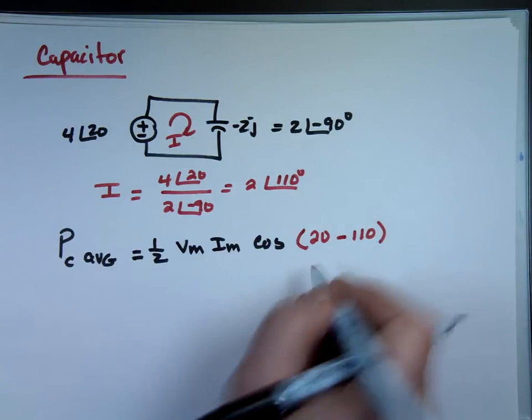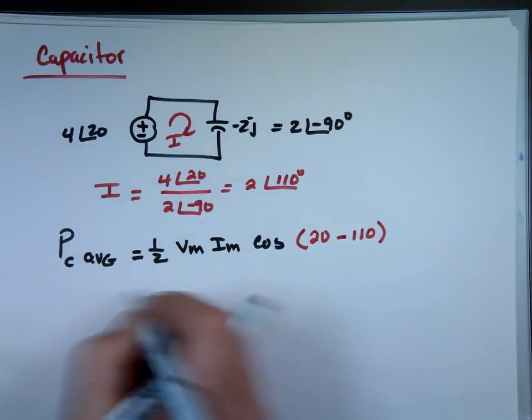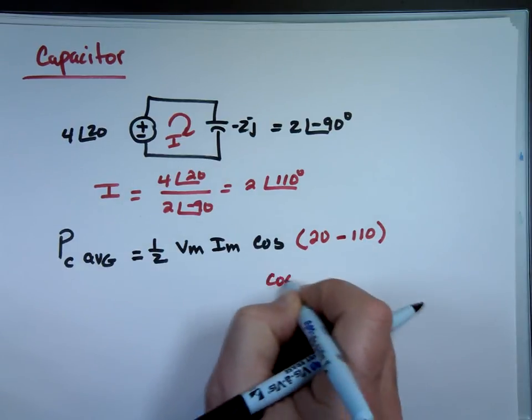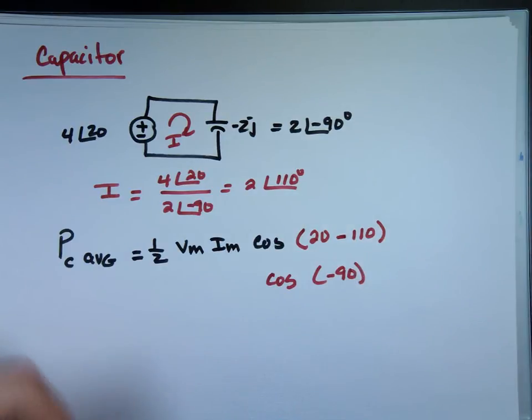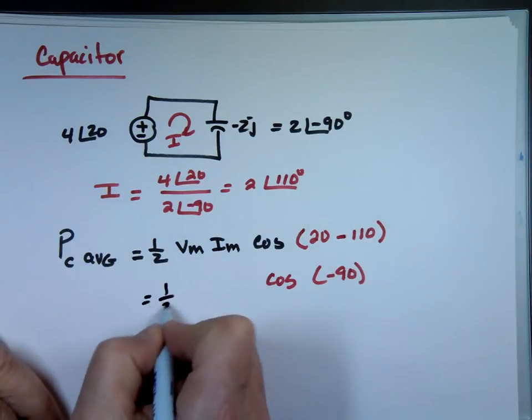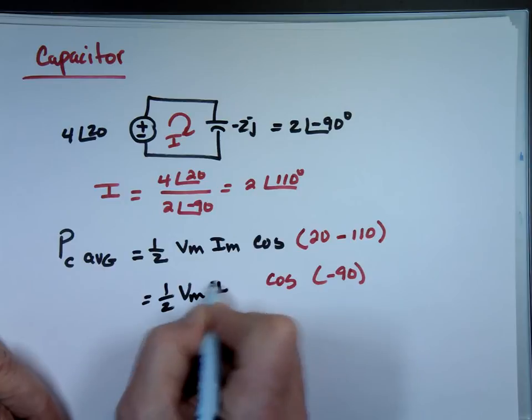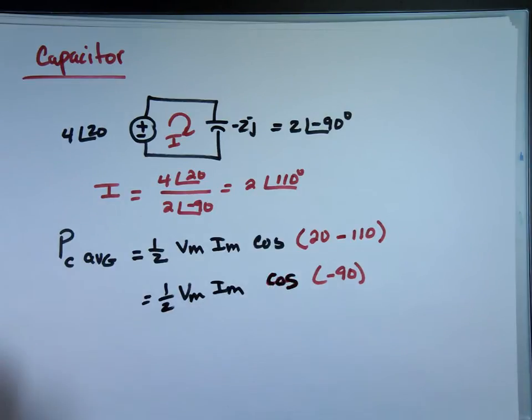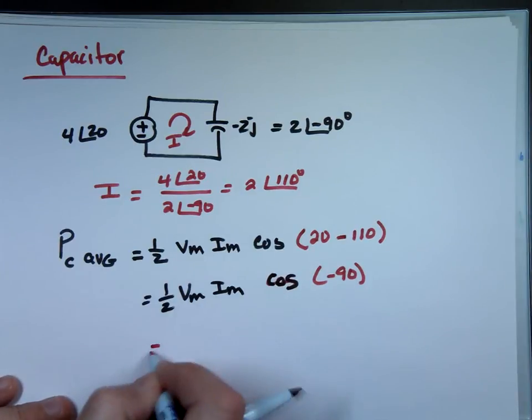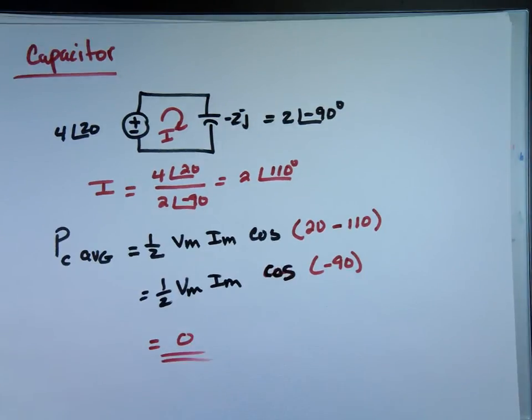Negative 90. And what's cosine negative 90? 0. So in the future, don't waste your time on them. It's always going to be a 0. The average power for a capacitor and inductor is always a 0. Always.